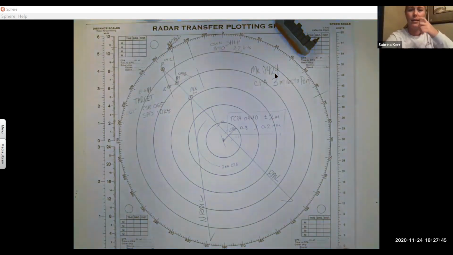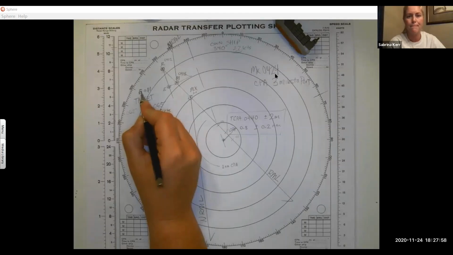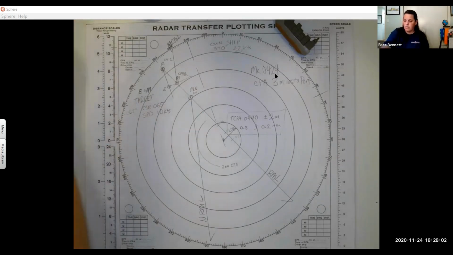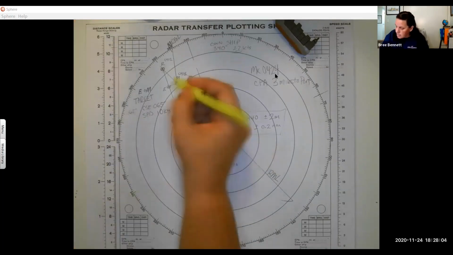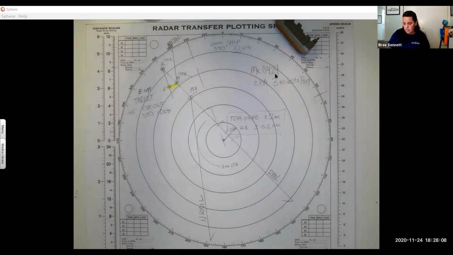I do have actually a question. Yes. That was like 10 steps ago. Where did you get the target course of 65 and the speed of 10 knots again? So that's E to M. So when we look at E to M, let's use a little highlighter here. This is the line that we're looking at. That's our measurement.